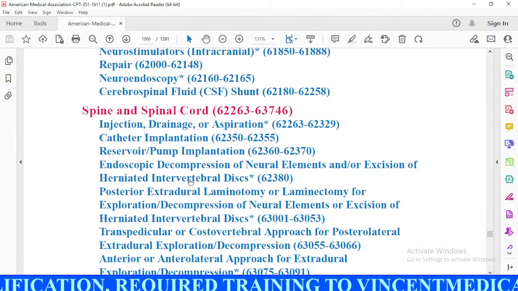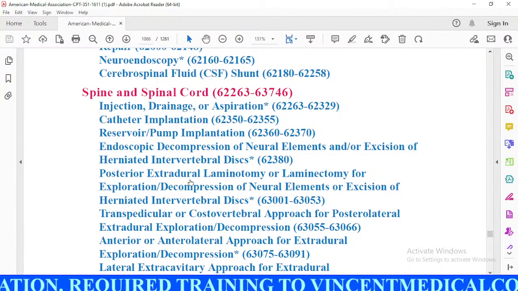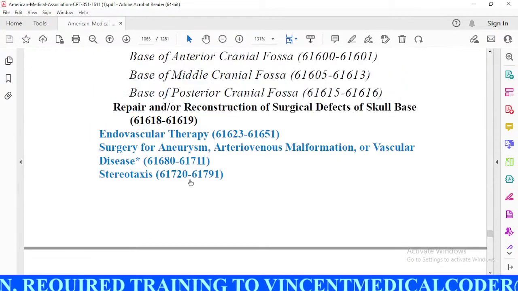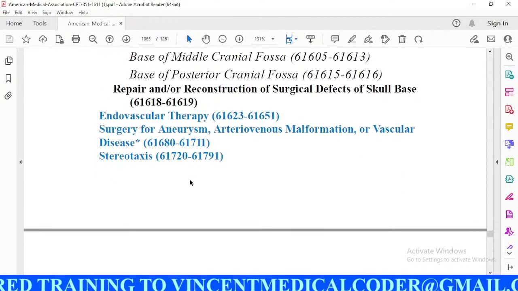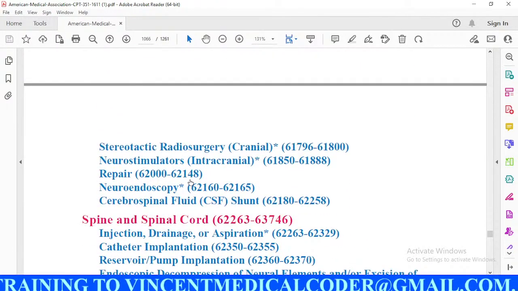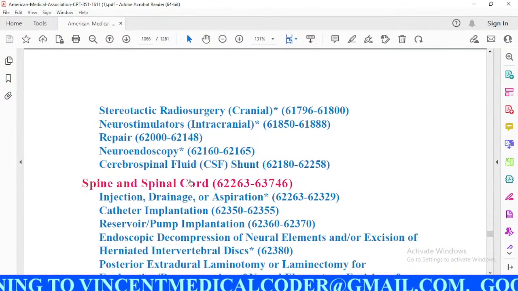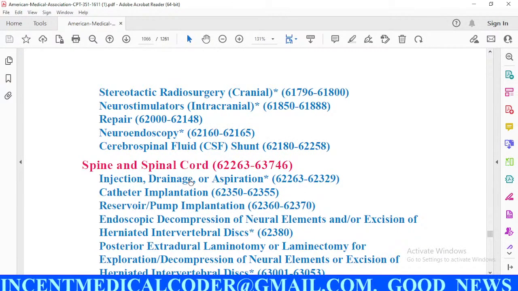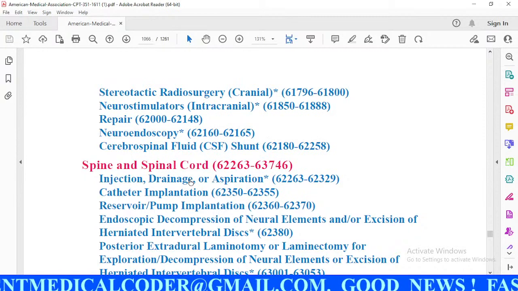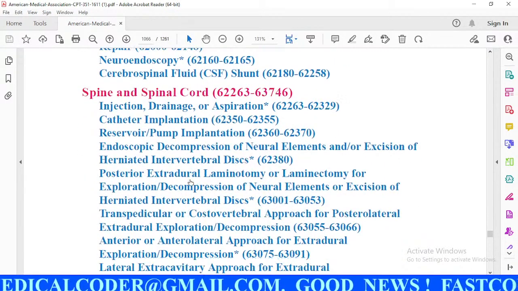Guys, for the people who are writing the CPC exam, you need to be familiar with all these sections. If you are familiar with your CPT book, you will write the exam very well. You should know where the guidelines are located and remember the page numbers so that you can write easily.